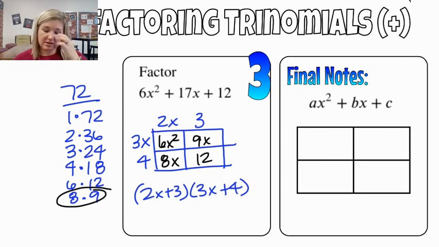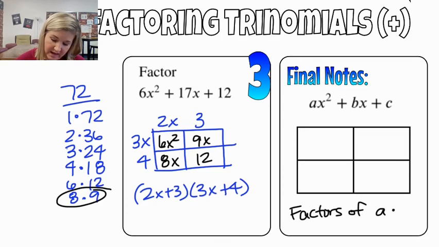So just some final notes I want to make sure that you are aware of. Remember, you're going to find factors of AC, which is A times C. That's how you're going to get your two factors. So this would be like B1x, and this would be like B2x.